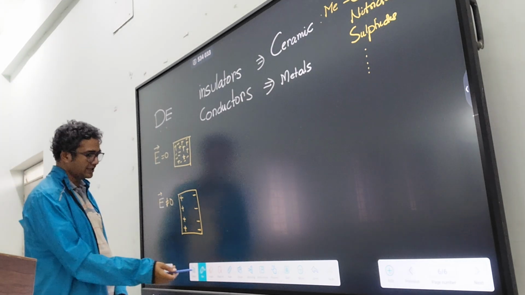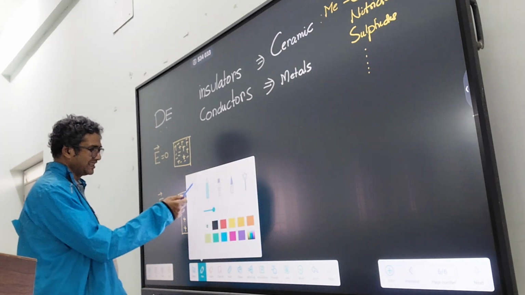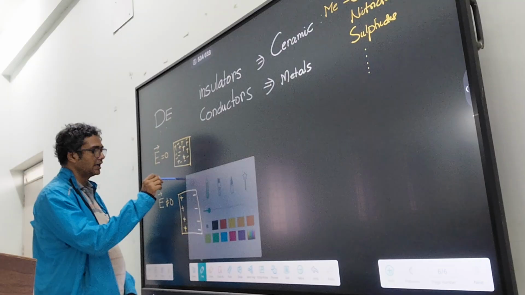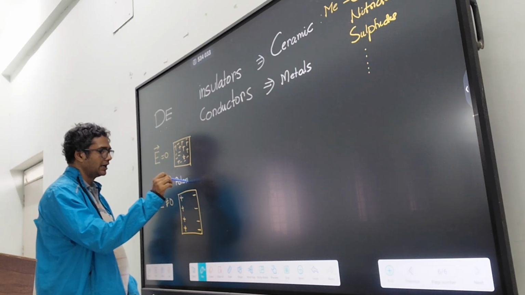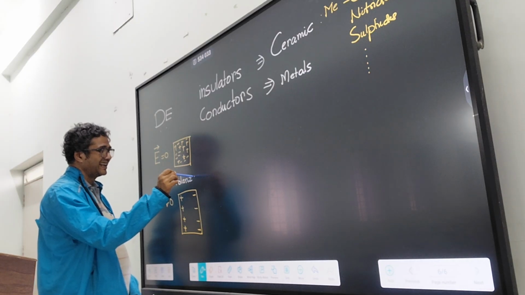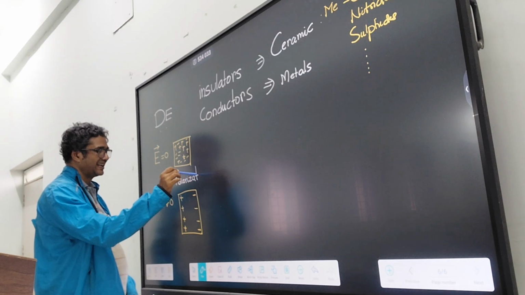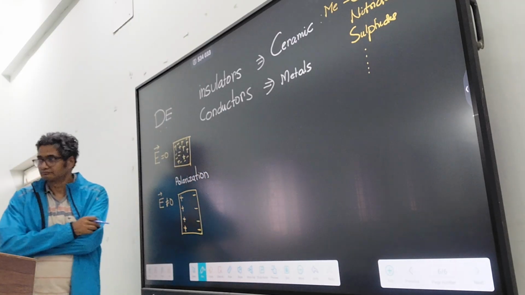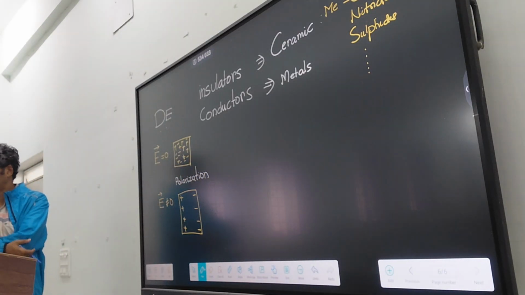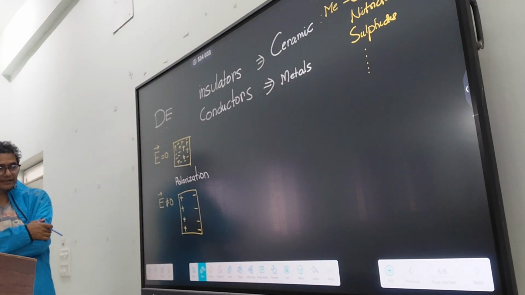This is called polarization. पोलराइजेशन को हम लोग कैसे डिफाइन करते हैं? डिफाइन करते हैं बाय अ वेक्टर.